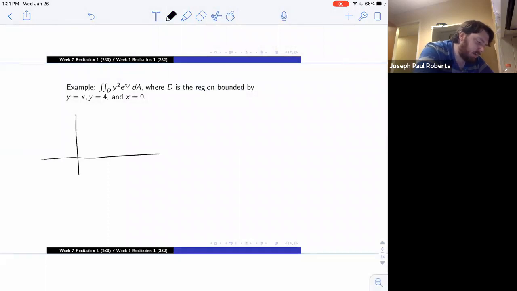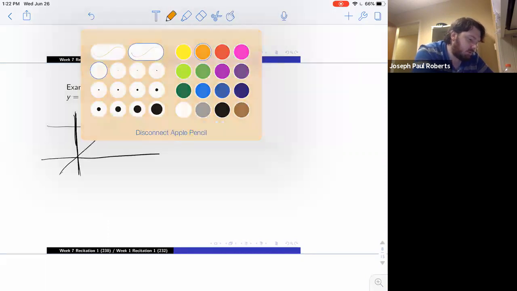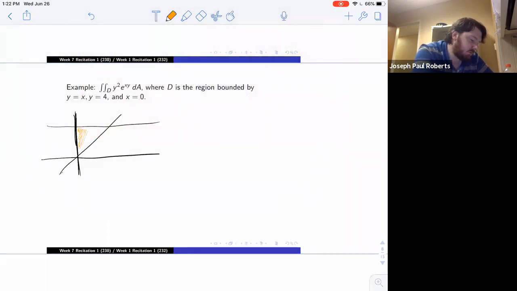So y equals x is that line. y equals 4 is a horizontal line, and x equals 0. So be careful, sometimes if you go through this a little too quickly and aren't careful with your drawing, you might end up with sort of the complementary region.